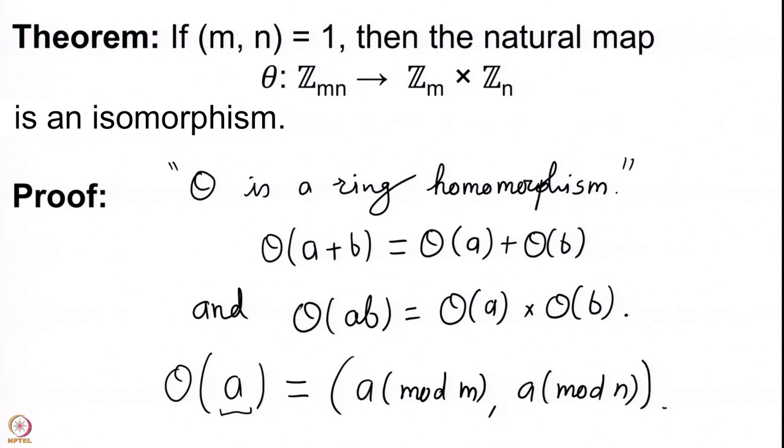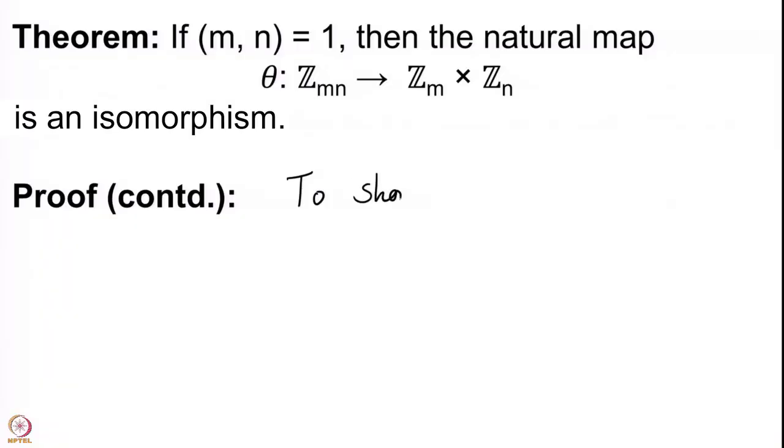To say that this is an isomorphism, we will need to show that theta is onto and that theta is 1 to 1. What do we have to do to show that theta is onto?